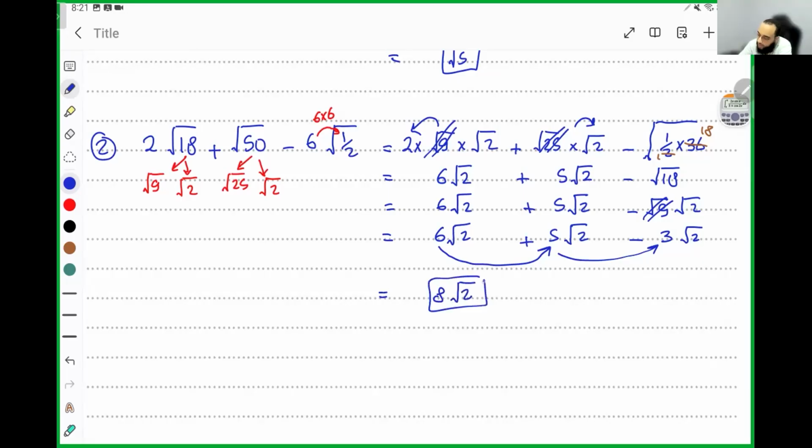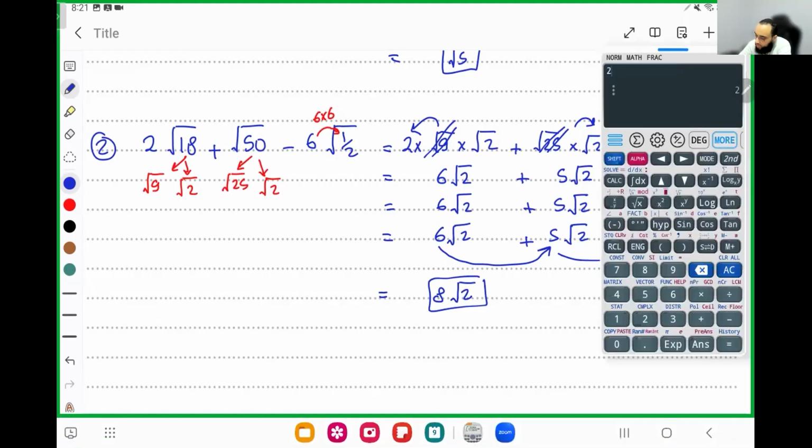This is the answer. Let's check the calculator. 2 root 18 plus root 50 minus 6 square root 1 over 2. Yes, it's 8 root 2. We are correct. Okay?